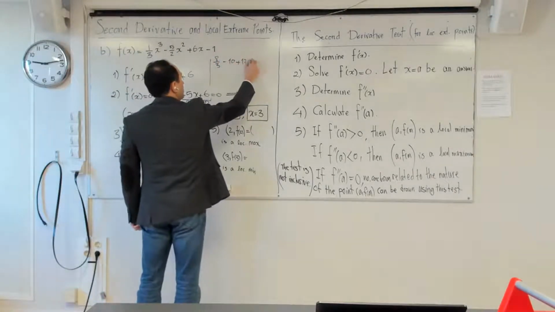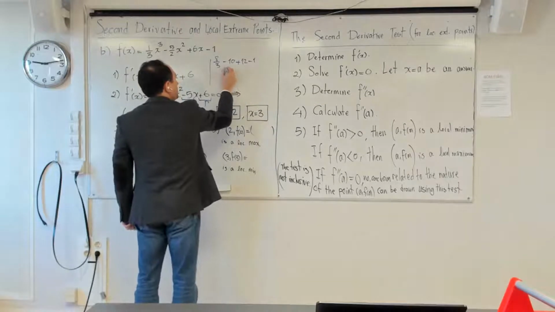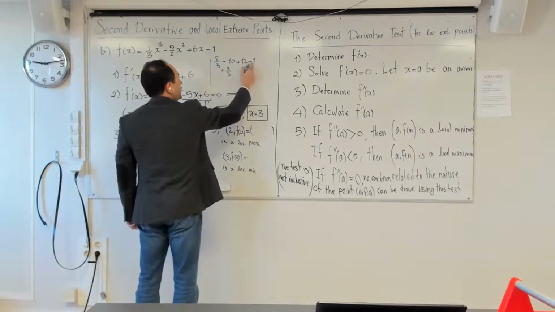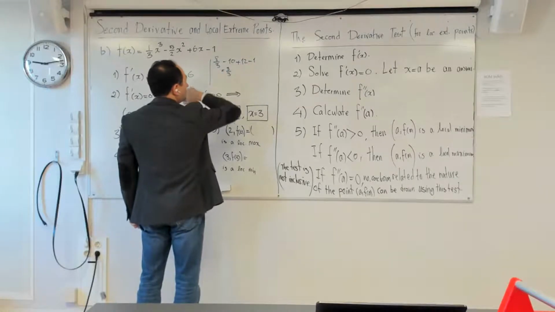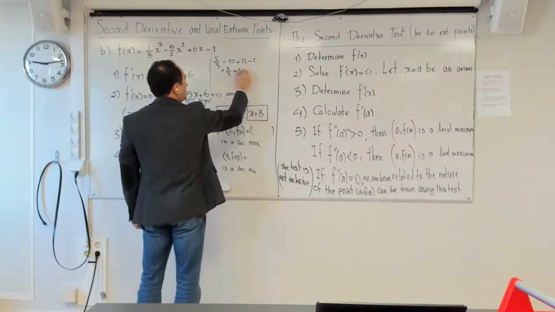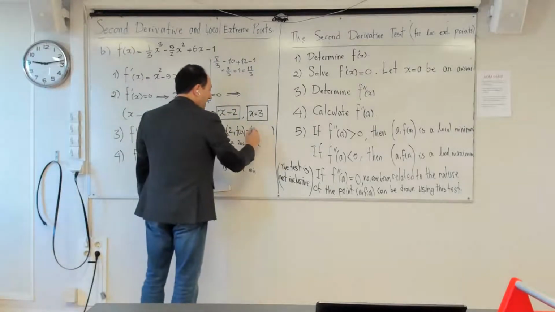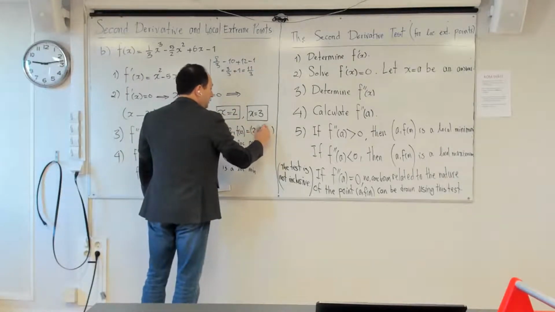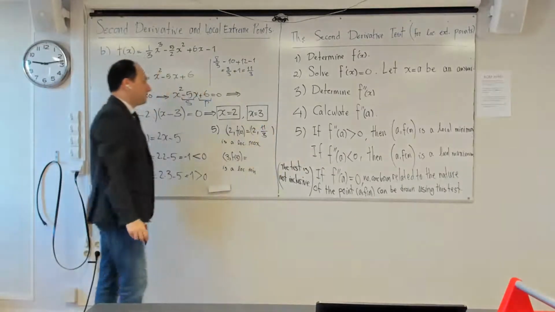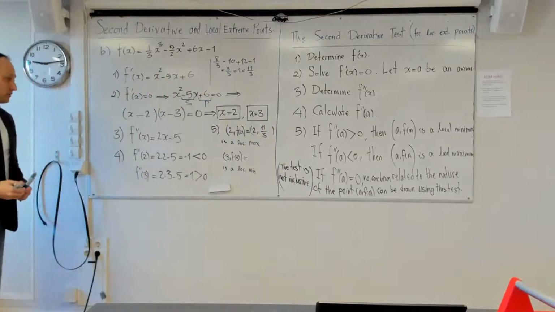And then it becomes minus 1. So this becomes 8 over 3. This is minus 11 and plus 12. Yes? So it is plus 1. So it is 11 over 3. So then I would say 2. You have to do it in exam. 2 and 11 over 3 is a local maximum.